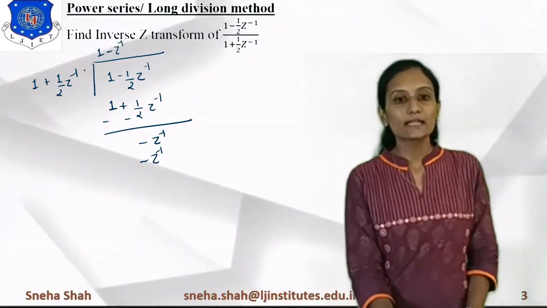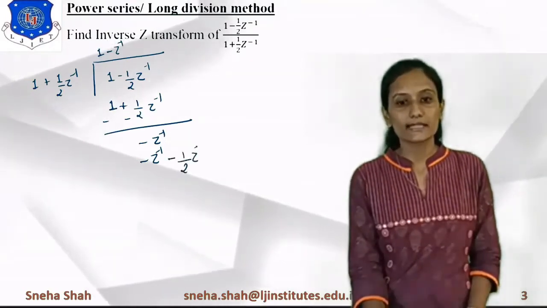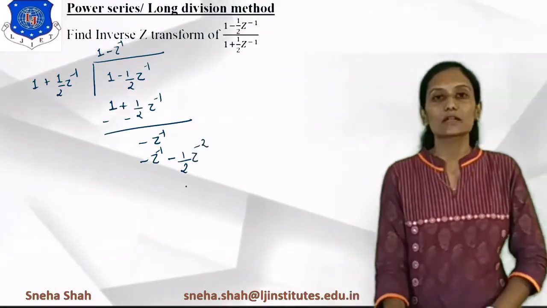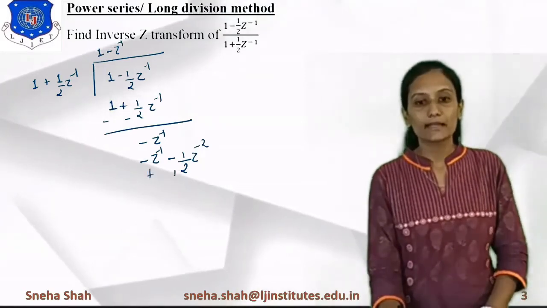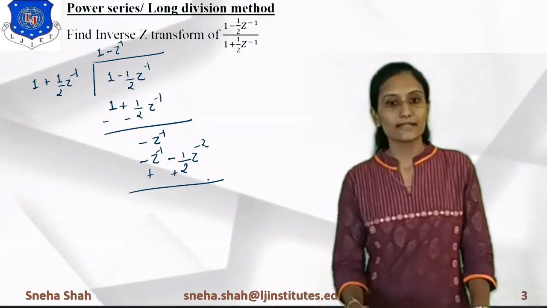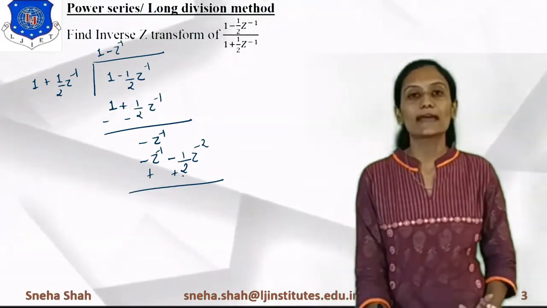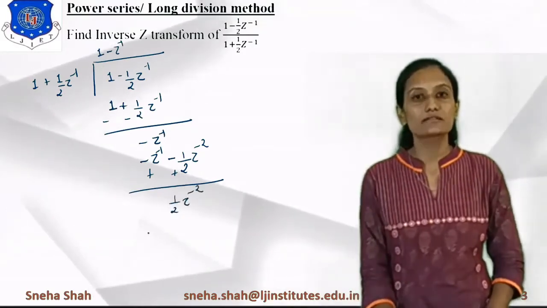Now 1/2 Z inverse into minus Z inverse means minus 1/2 Z raised to minus 2. Now we change the sign of each, so minus Z inverse plus Z inverse will be cancelled out and the final term is plus 1/2 Z raised to minus 2.